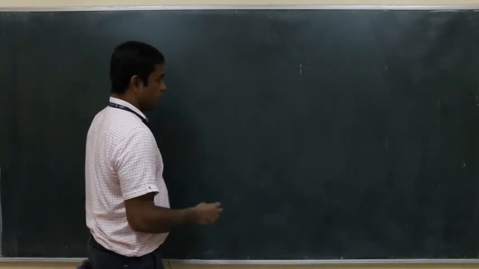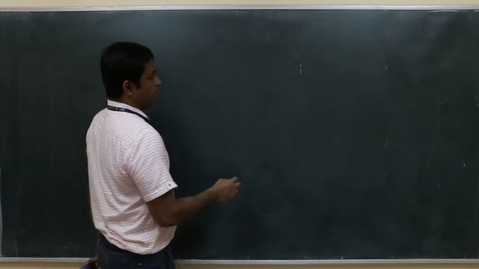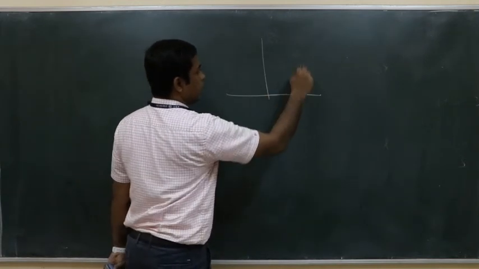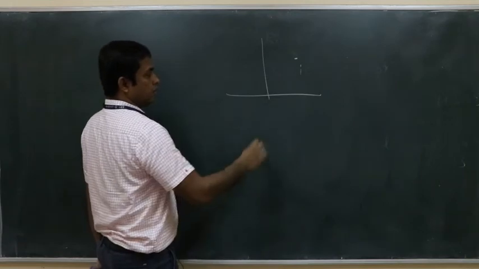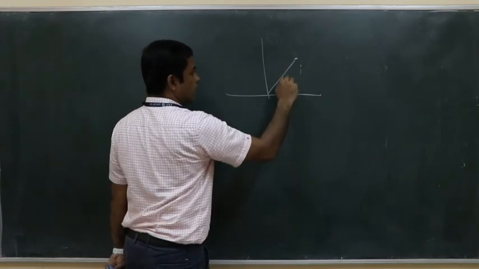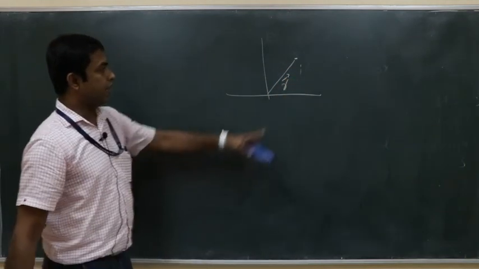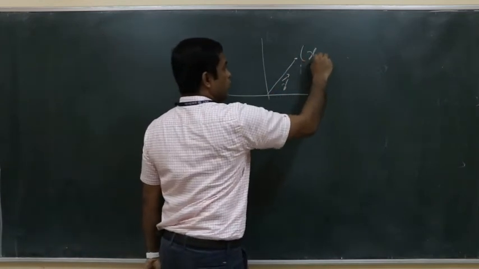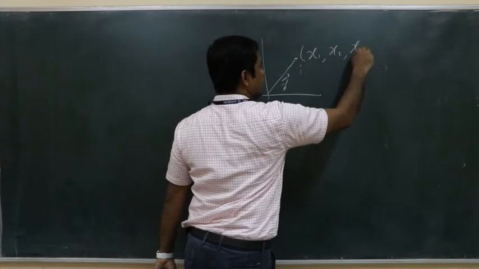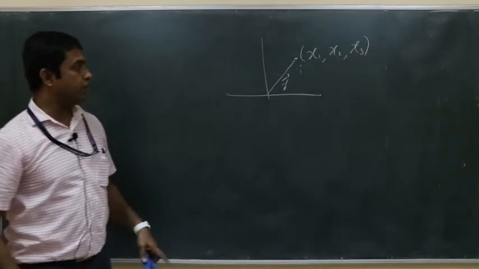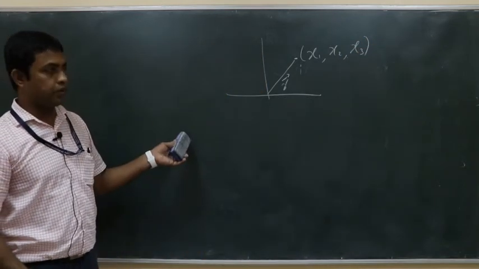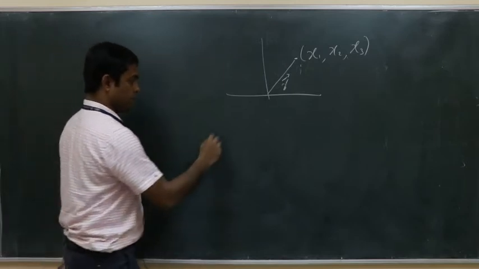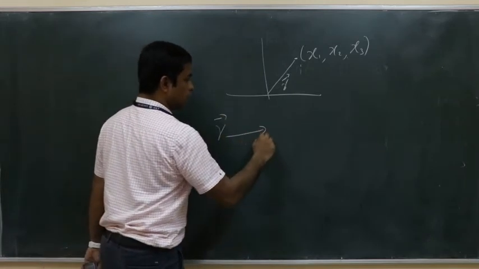Now, see, if you take a point vector R, I can represent that as x1, x2, x3 in one of the coordinate systems. Then I make a coordinate transformation, so I get R prime. So R goes to R prime.